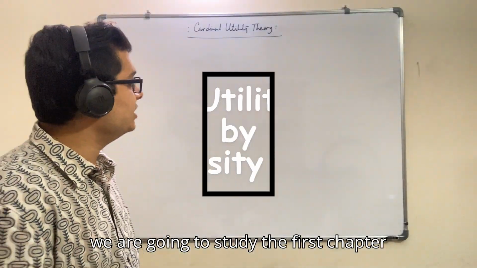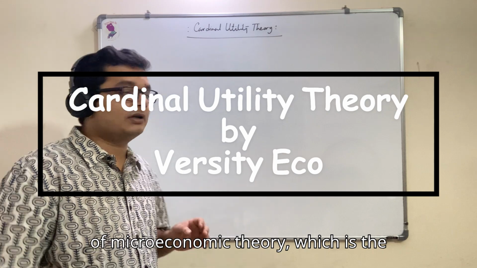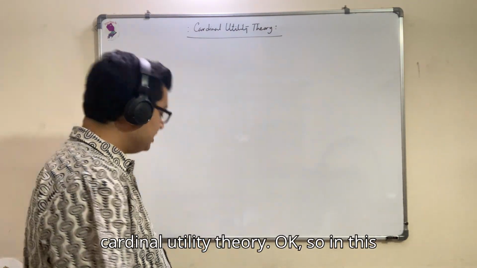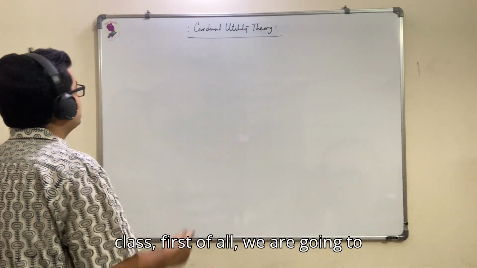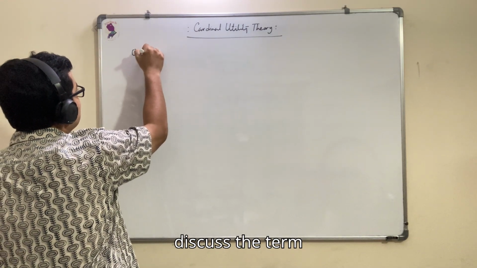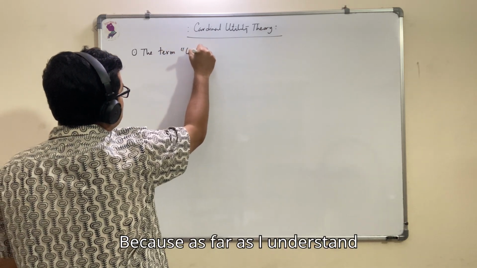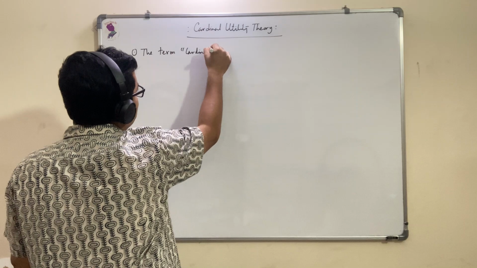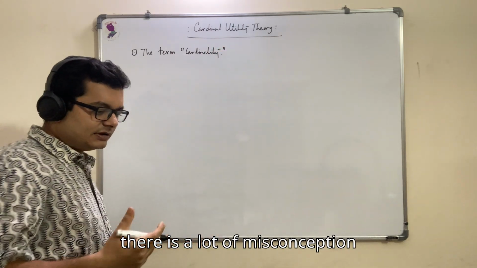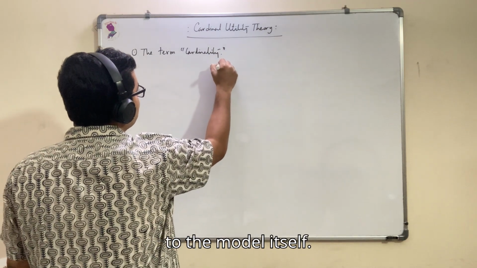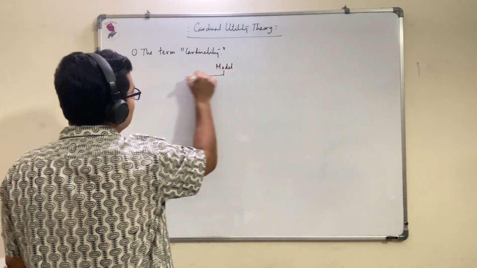Today we are going to study the first chapter of microeconomic theory, which is the cardinal utility theory. In this class, first of all, we are going to discuss the term cardinality itself, because as far as I understand, there is a lot of misconception around this term. Then we will move to the model itself.